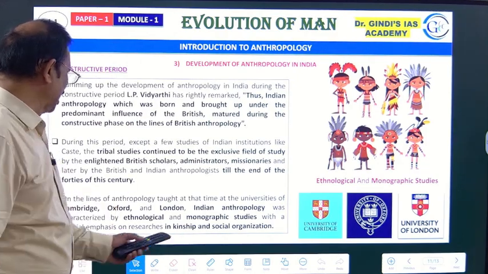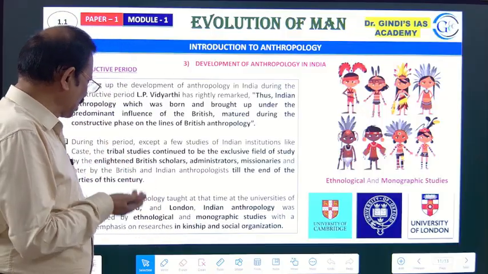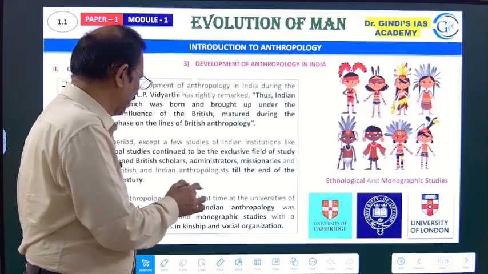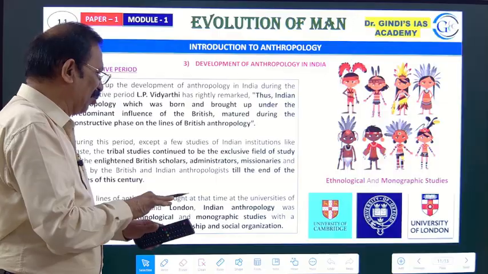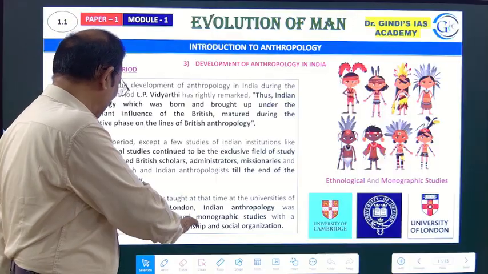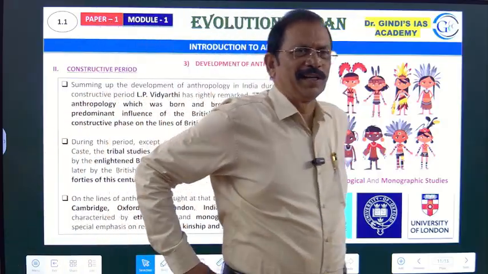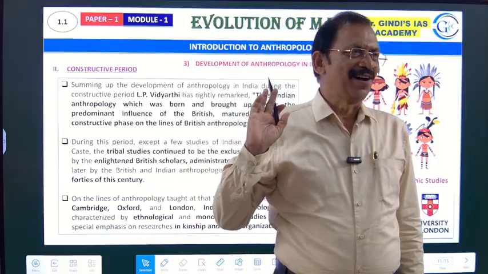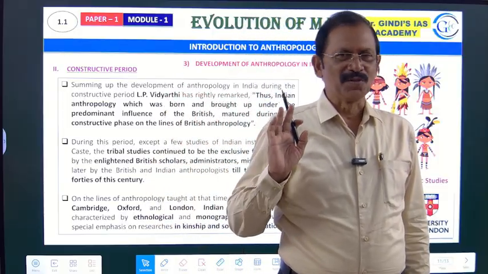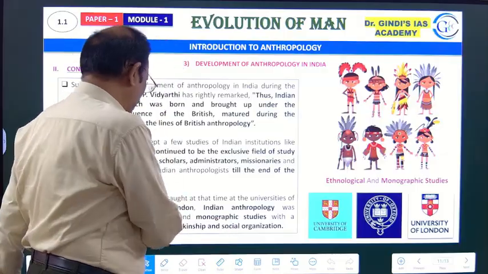Then, on the lines of anthropology taught at that time at the University of Cambridge, University of Oxford, and University of London, Indian anthropology was characterized by ethnological and monograph studies with a special emphasis on research in kinship and social organization. So anthropology during the constructive period, up to the 1940s, meant conducting studies on tribal people.